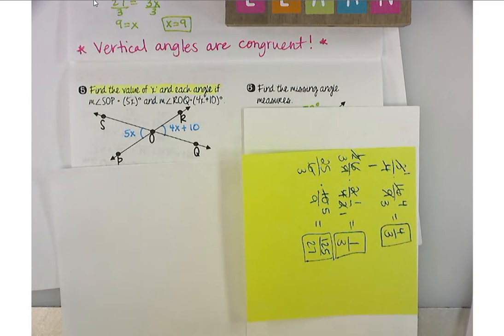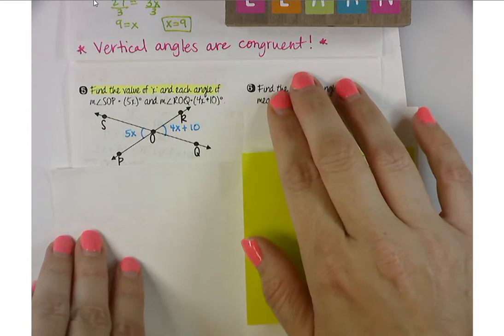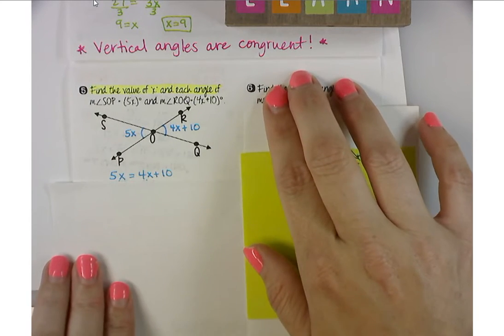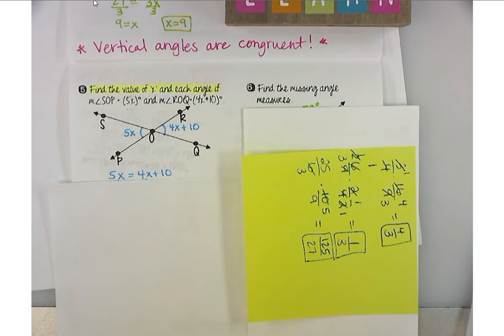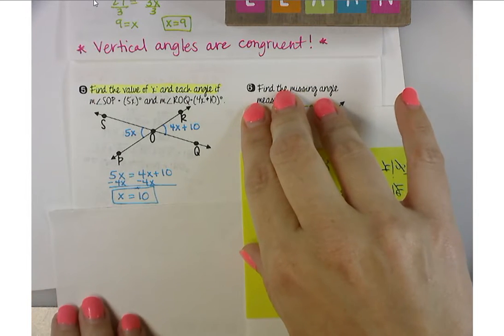So it's really helpful to mark off in your diagram if they're congruent or not, and then you could set your 5x equal to 4x plus 10. Okay, so if we're getting all of our x's on one side, we can subtract 4x from one side, which just leaves us with x equals 10.